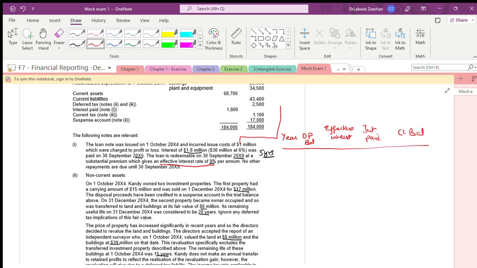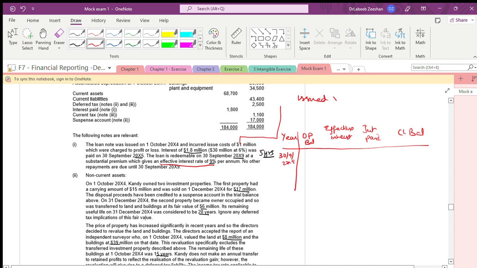It is for the year ended 30th September 2009. What is the opening balance?